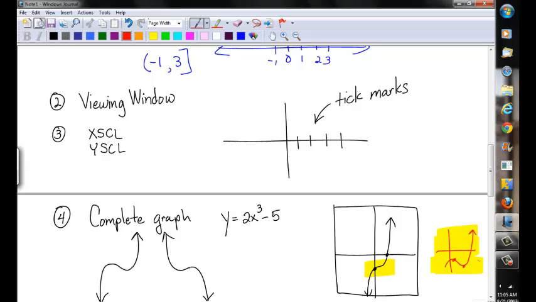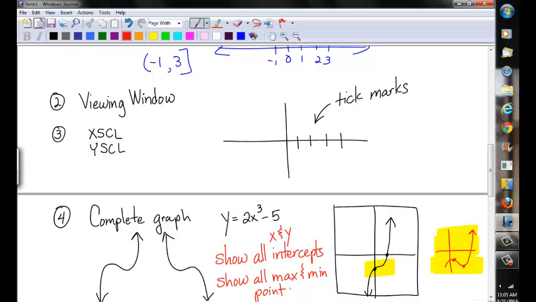So complete graph means show all the intercepts, that's all the x and y intercepts, and show all the max and minimum points.